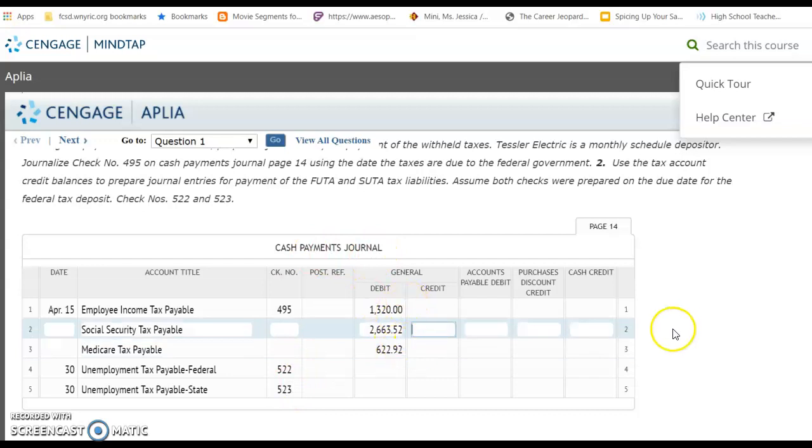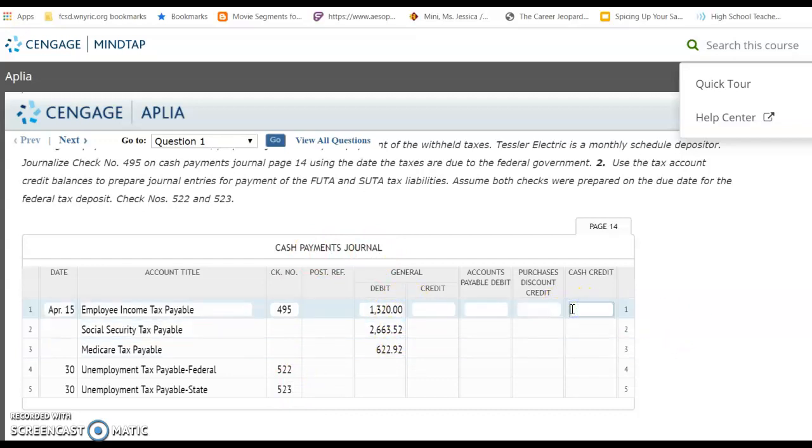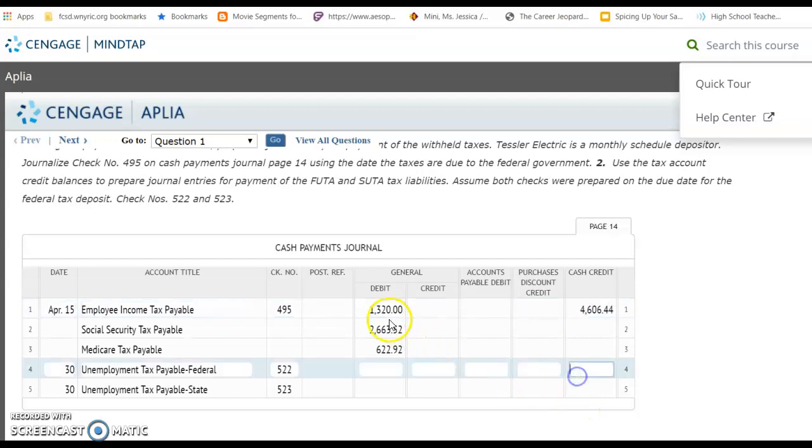Once we have those three numbers, then we can total them up to get the total cash, which would equal $4,606.44. So federal, Social Security, Medicare, add those three numbers to get your cash payment.